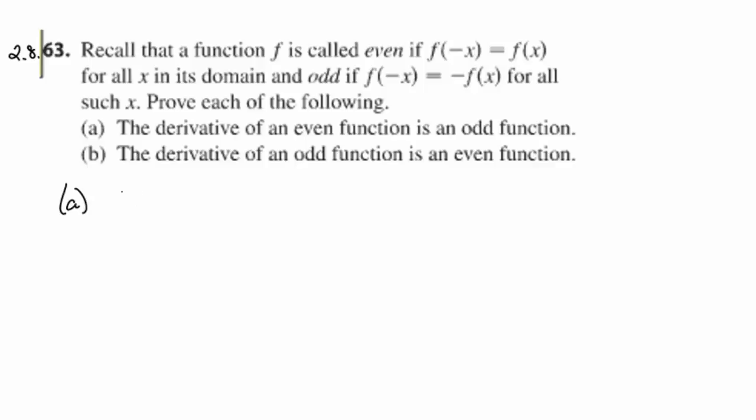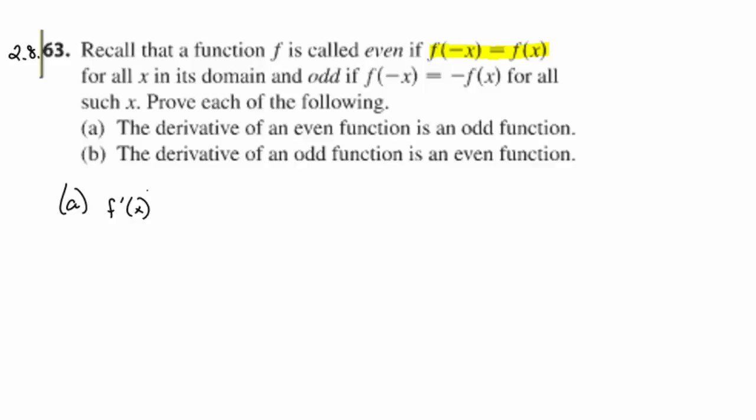Let's suppose that f is even, which just implies that f of negative x is equal to f of x. And we'll then take a look at the derivative of f. Now, what we want to show is that the derivative of f is going to be an odd function.